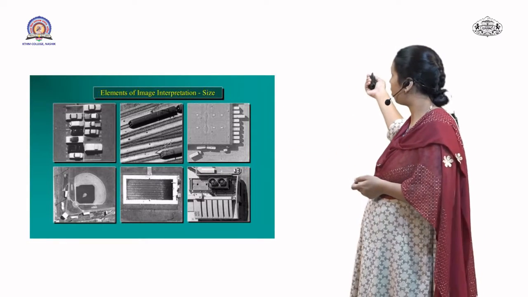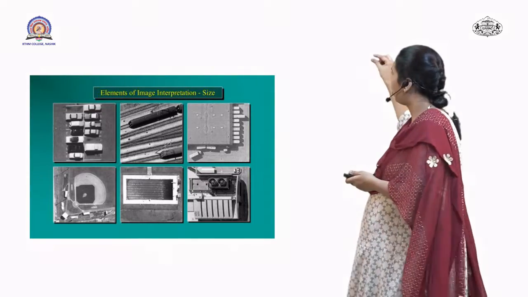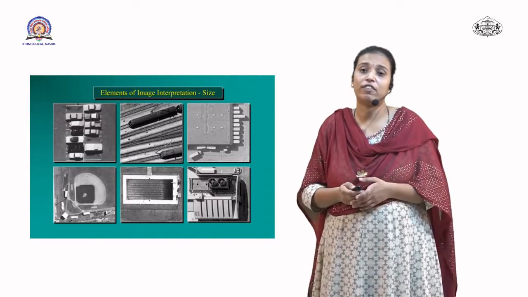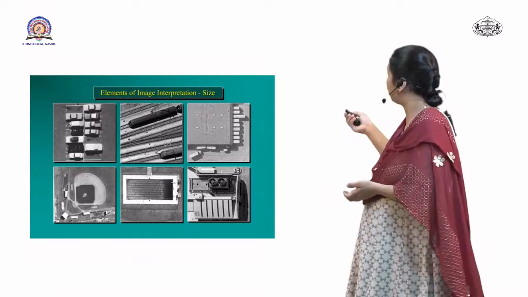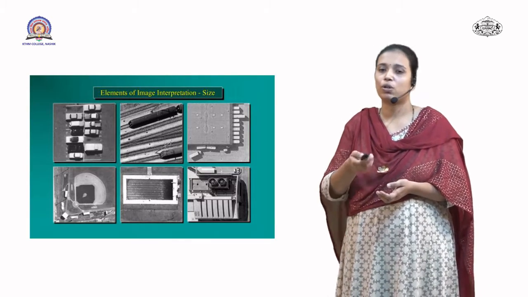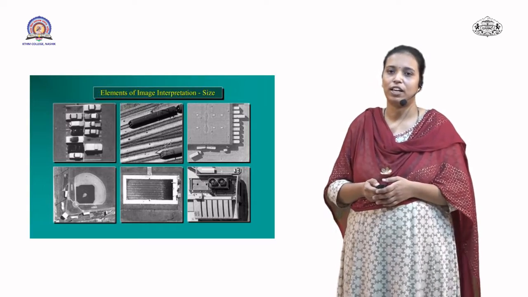And in the third upper row image you can see that there is a rectangle and these small rectangles are attached to it. So you can identify that it may be a bus stop, and different types of buses are being parked near the bus stop. So this is the element size which helps us to interpret the image.